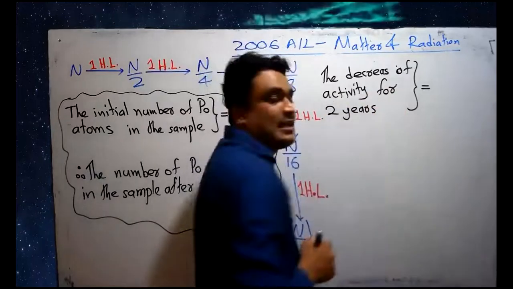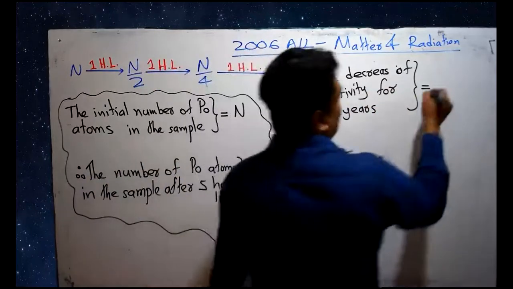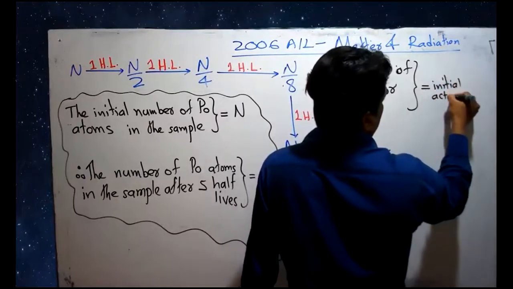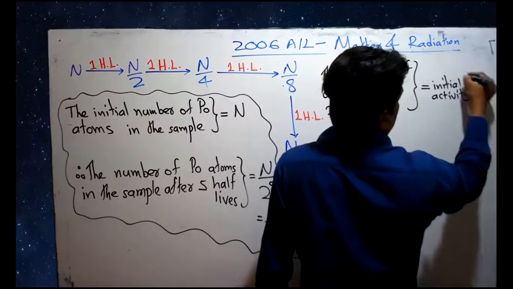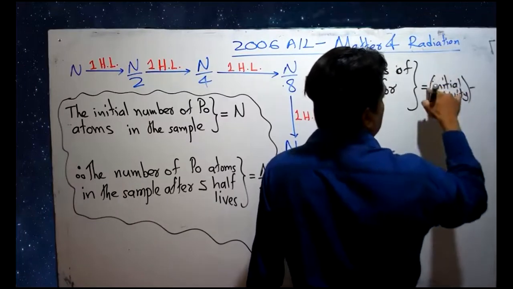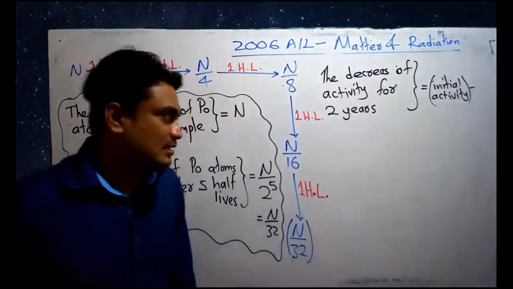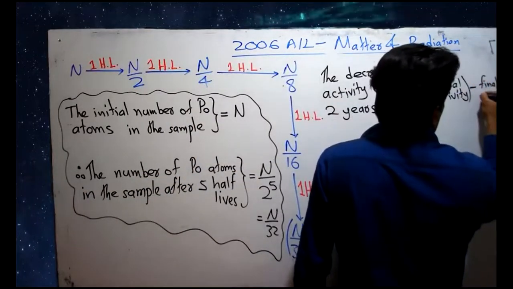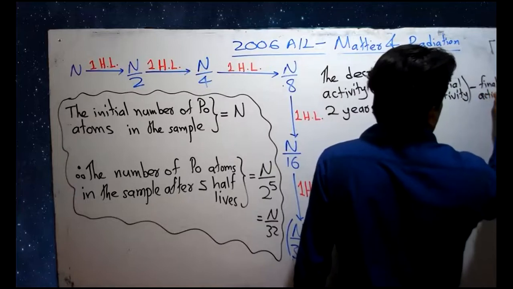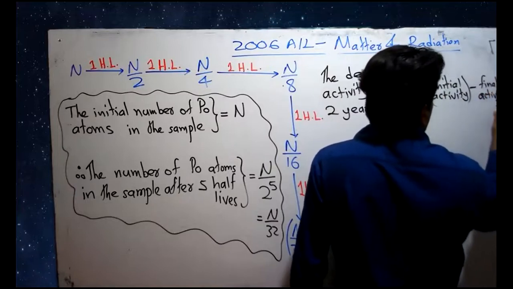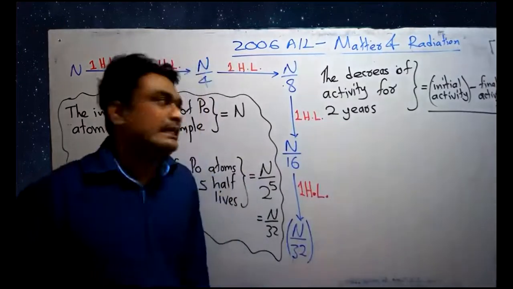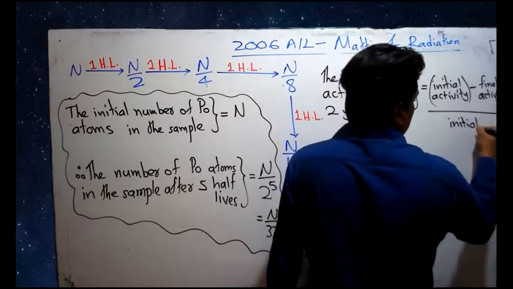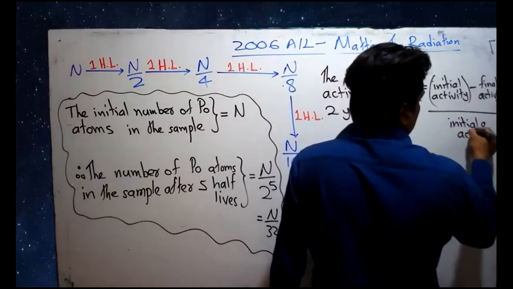So the decrease of activity for 2 years equals initial activity minus final activity, divided by initial activity.